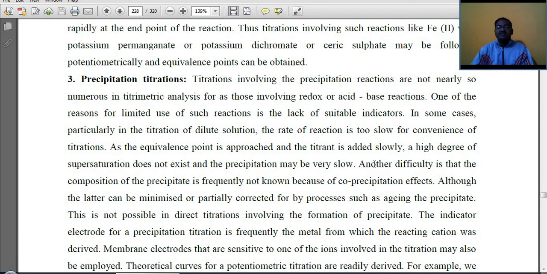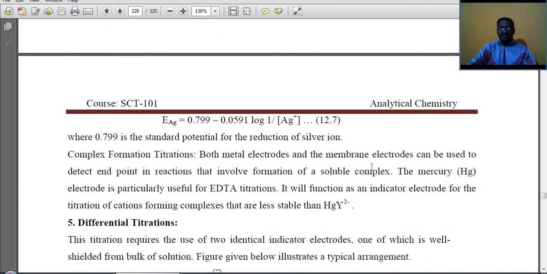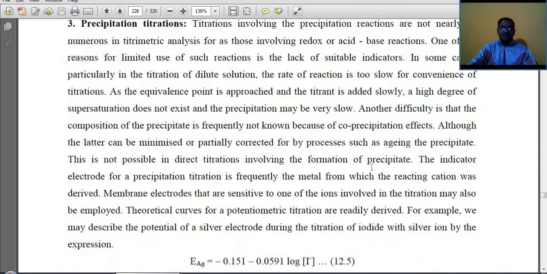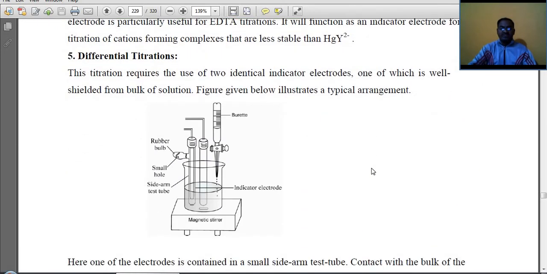In some cases, particularly in titrations of dilute solutions, the rate of reaction is too slow for convenience of titration. This is the representation of precipitation titration by potentiometric titration.